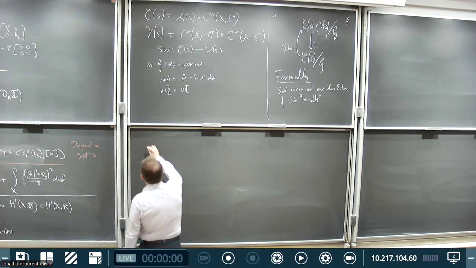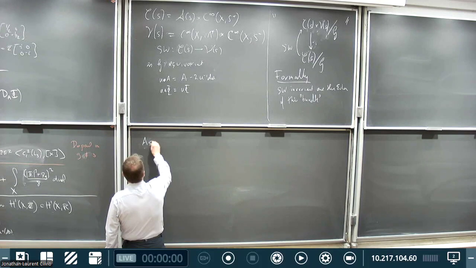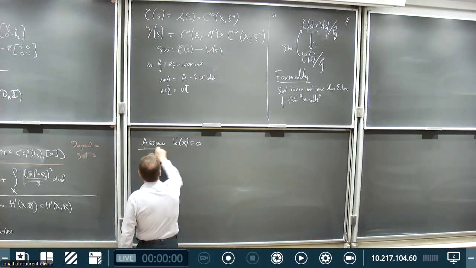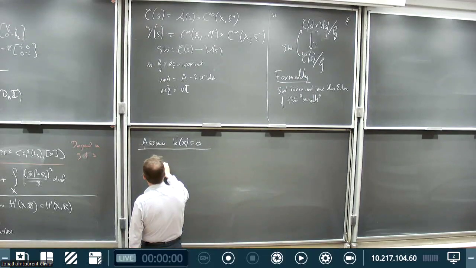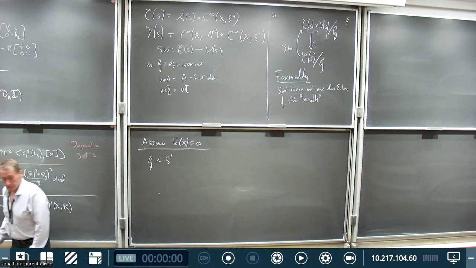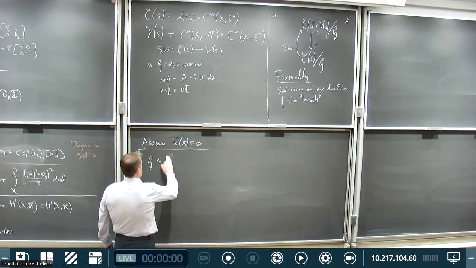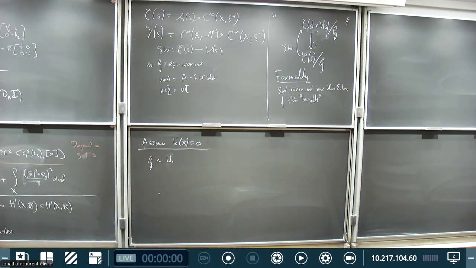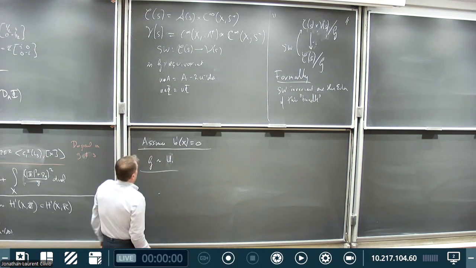And if we assume, as we will henceforth, that H1 of X is 0, then G is just homotopy equivalent to the circle. There's only one component, and it's homotopy equivalent to U1. I want to keep calling it U1 as the group U1.